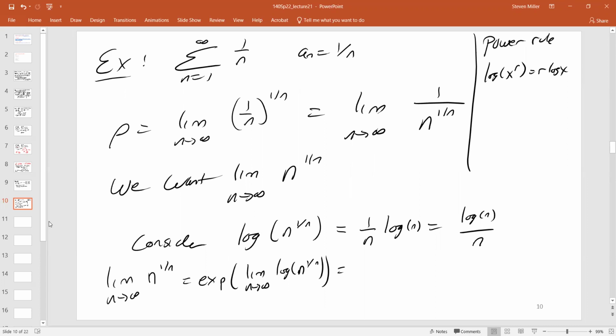All right, so this would just be the exponential of the limit as n goes to infinity of the log of n over n. Well, what's the log of n over n? As n gets really, really large, what does that fraction look like? 0. Why does it look like a 0?